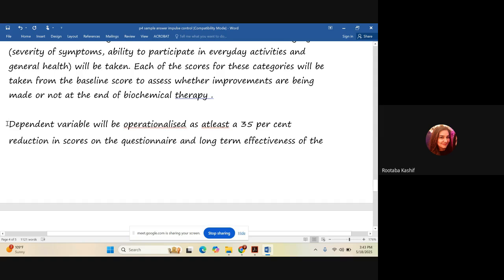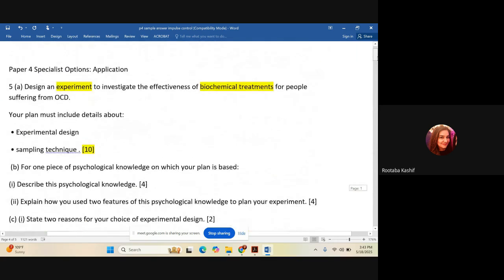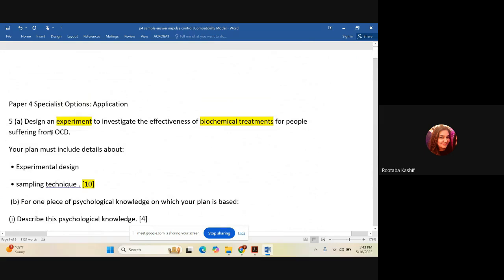So that needs to be added here, like quantitative data will be collected through the questionnaires. So that is not mentioned very clearly. But if you look at the question, it does actually is a good answer.